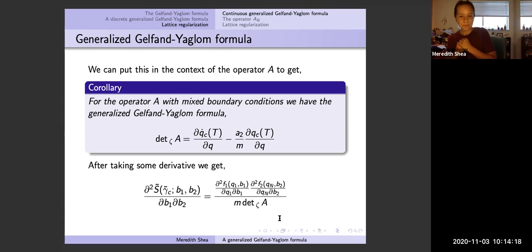This formula looks a lot like the discrete one we had in terms of A tilde n when we were considering the specializations. We still have the derivatives of F1 and F2 in the numerator, and then the denominator here looks like the determinant of the operator. Here I do have this m tagging along, which is fine.